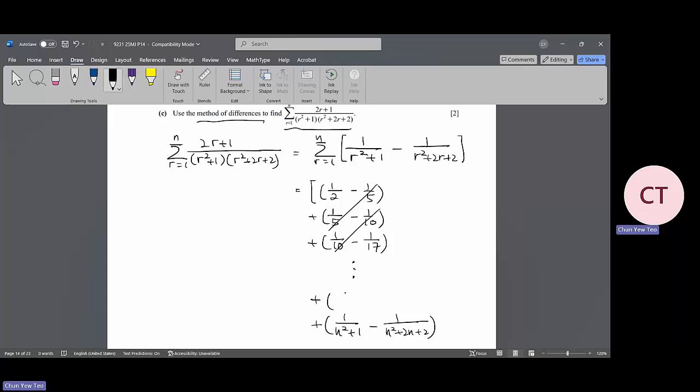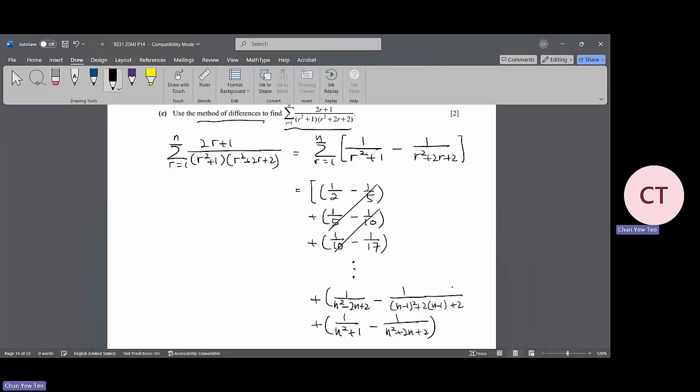And this n squared term is actually n minus 1 squared plus 1. If you expand them, you will get n squared minus 2n plus 2. Then the other one will be n minus 1 squared plus 2 of n minus 1 plus 2.